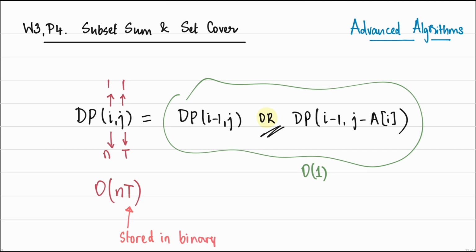So if you think of the size of this input, it's actually going to be log of t, log to the base 2 of t, because that's how many bits you need to represent t on your machine, right? So the running time of an algorithm is always thought of as a function of the size of the input, not its magnitude when you're dealing with numbers, right?